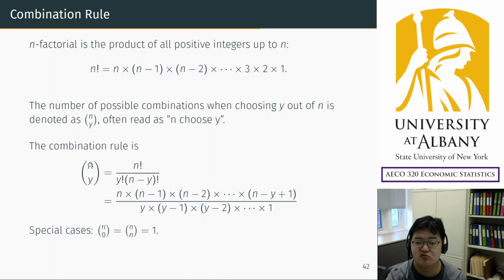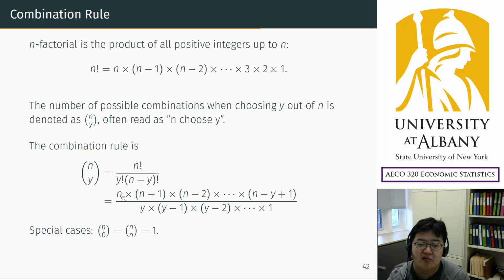This combination rule is written this way: n factorial divided by y factorial times n minus y factorial. That's the formula. It's very strange. Another way to memorize this is to multiply y consecutive numbers in the numerator and in the denominator.